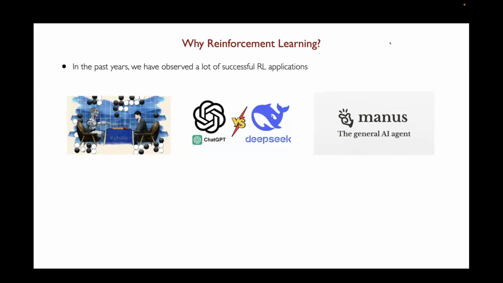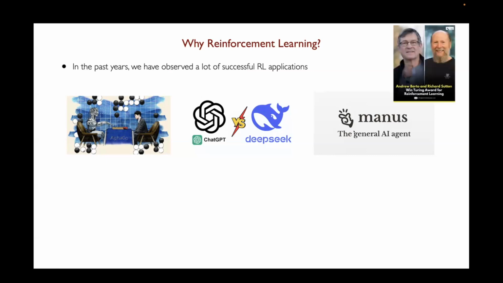One personal inspiration is that in the past year we have observed a lot of successful RL applications, starting from AlphaGo. Most recent examples include DeepSeek, where people use RLHF and GRPO to train reasoning models, and AI agent systems, which have become very hot, with people exploring how to use RL to train AI agents.